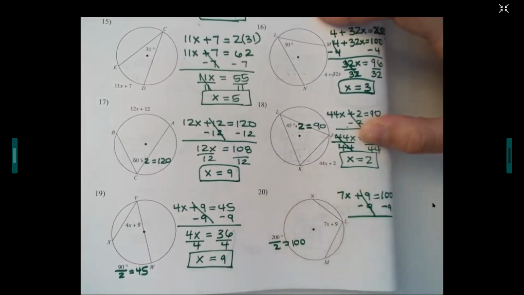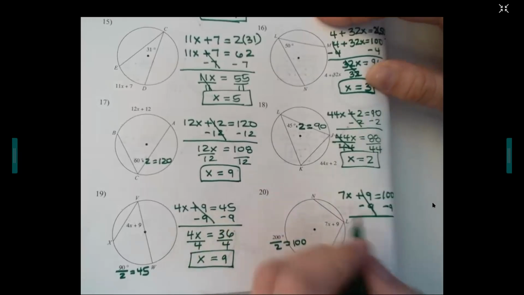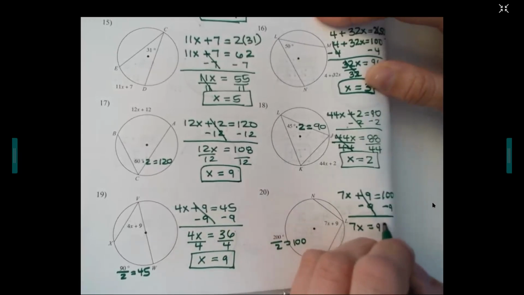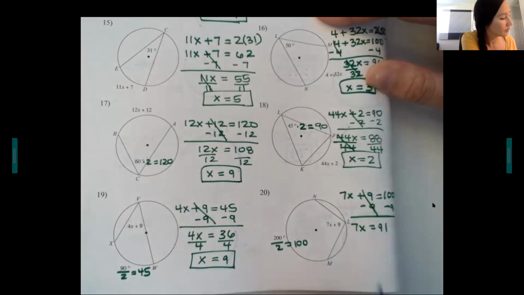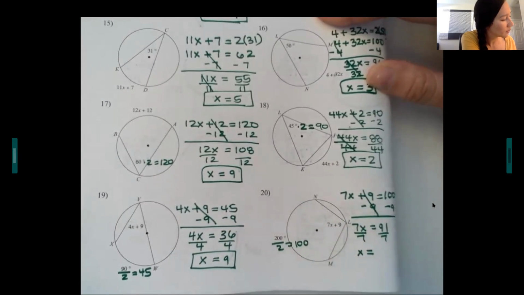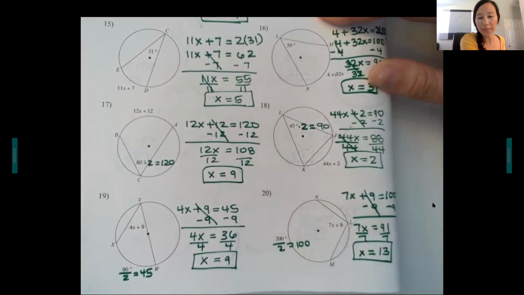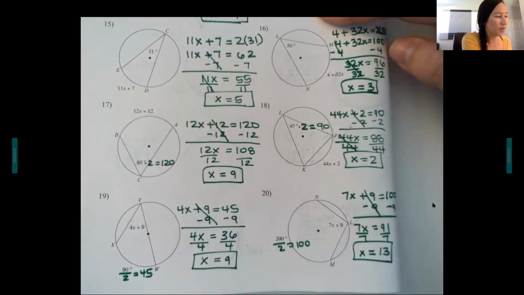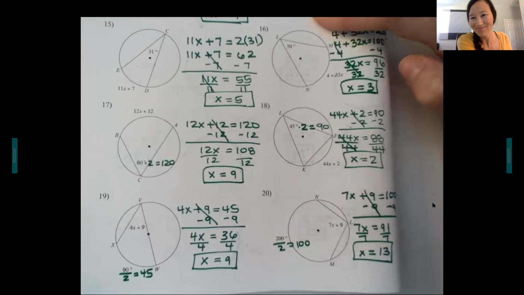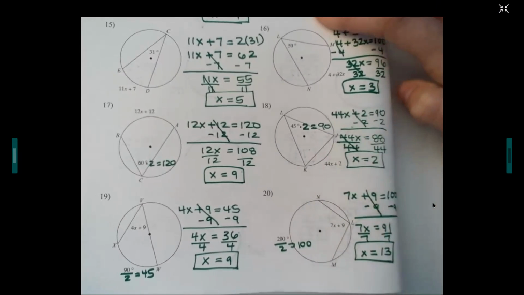And then that'll equal 91. So 7x equals 91. Very good. And then divided by 7 on both sides. And x equals 13. Very good, Elijah. Thank you. All right. You guys have any questions? Okay. I think I'm good.